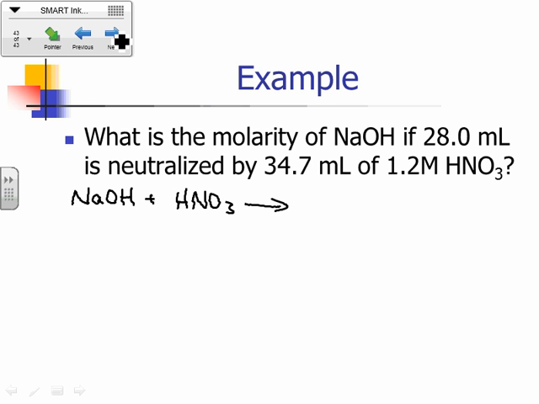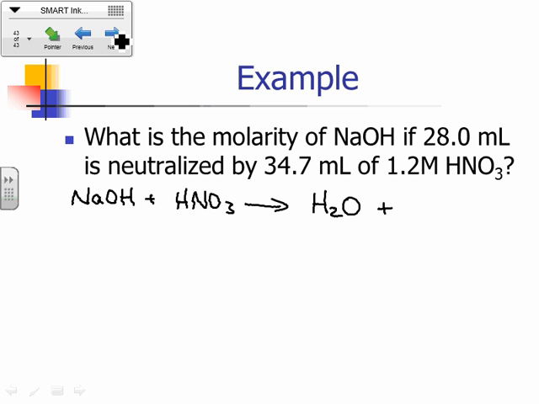Okay. So the H goes with the OH, forms water. And then what's the other thing that gets formed here? What's left over? Yeah, the Na and the NO3, right? Sodium's a 1 plus. NO3, does anybody know what the charge on NO3 is? A 1 minus. If you don't know, you have your polyatomic ion chart.